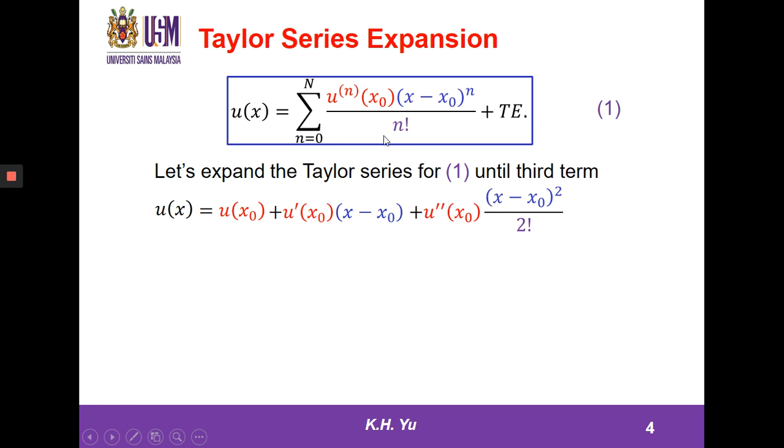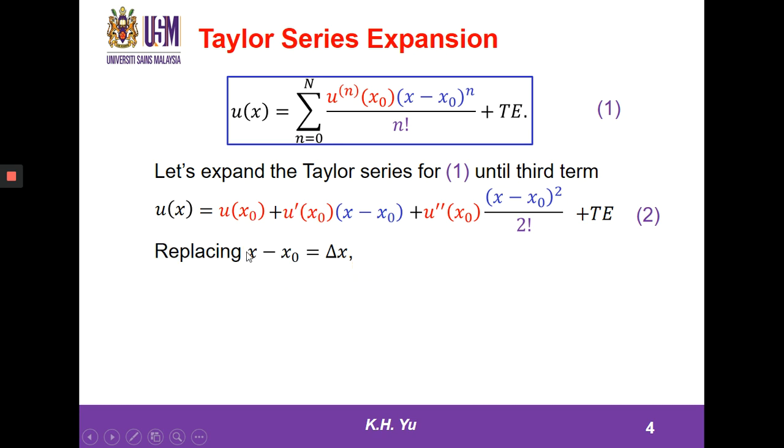The third term itself is n equals 2. So n equals 2 is u prime prime, that is the second order derivative of u at x0, multiplied with (x minus x0) to the power of 2 over 2 factorial. The remaining terms are called the TE, truncation error.